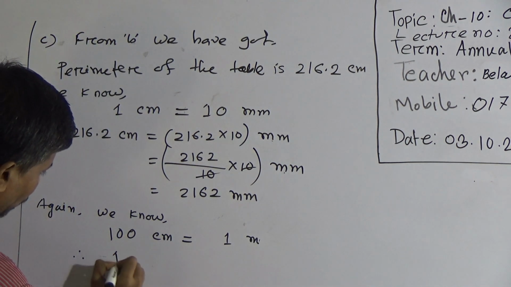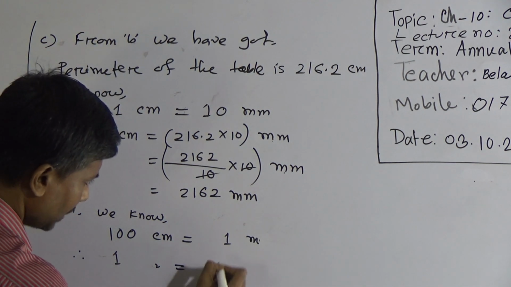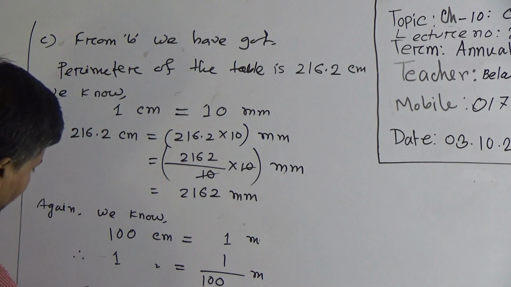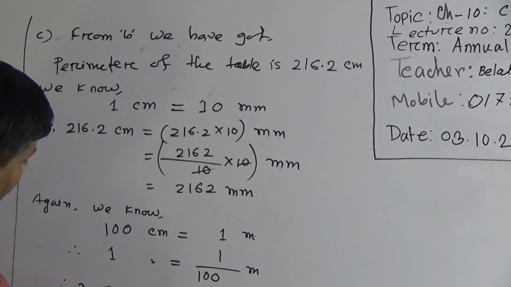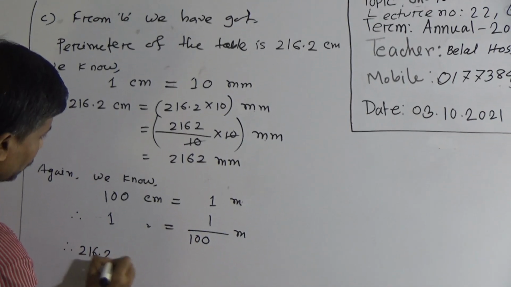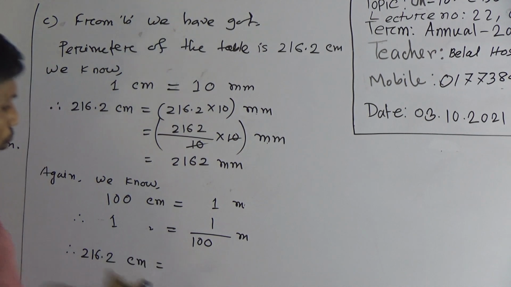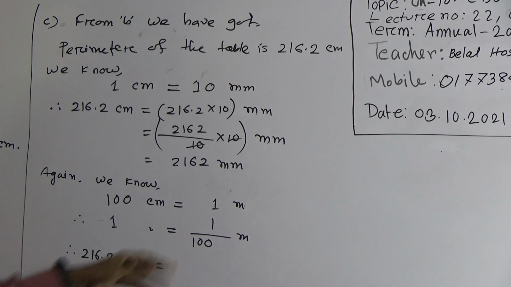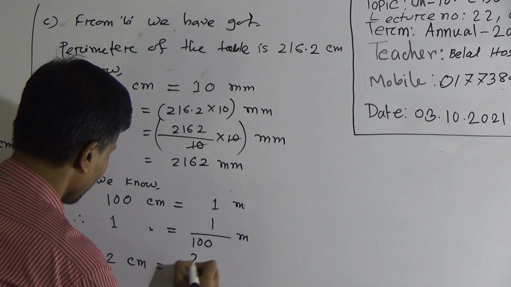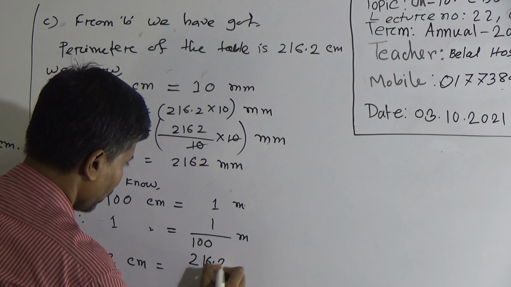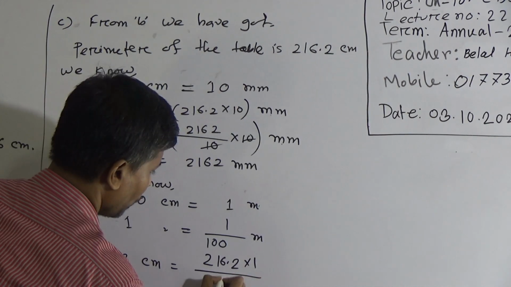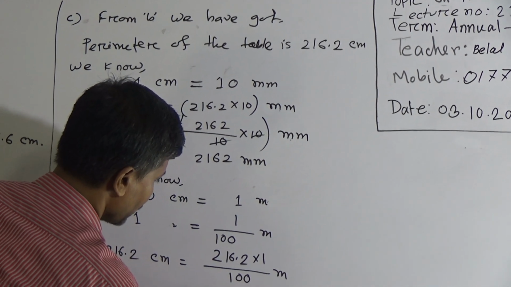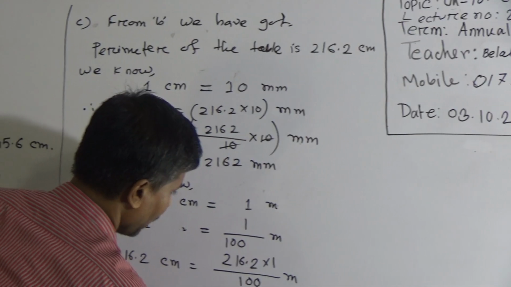Therefore 1 centimeter equal to 1 by 100 meter. Therefore 216.2 centimeter equal to 216.2 into 1 by 100 meter. This is equal to 216.2 by 100.